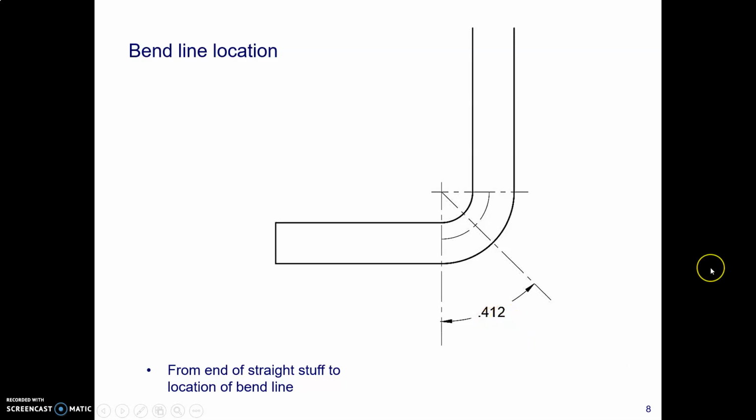I rounded this to 3 decimal places because that's what we usually do. It was actually not exactly 0.412. So that's the location of that bend line at the middle of that bend, from where the straight part ends to the middle of the bend.